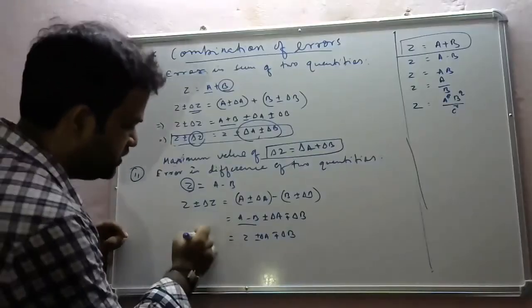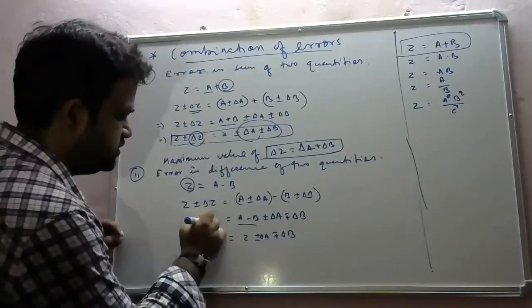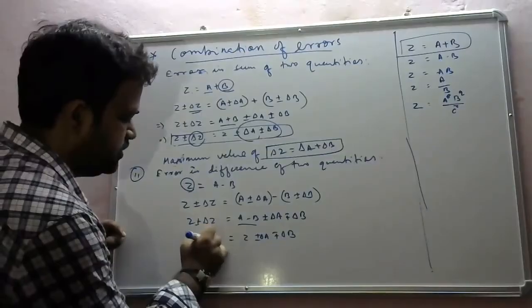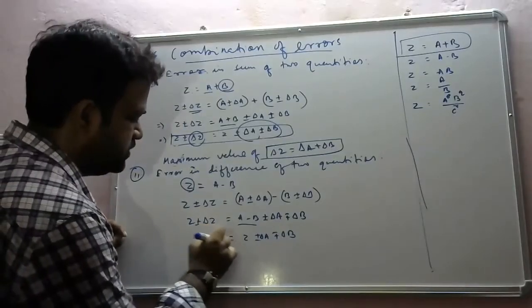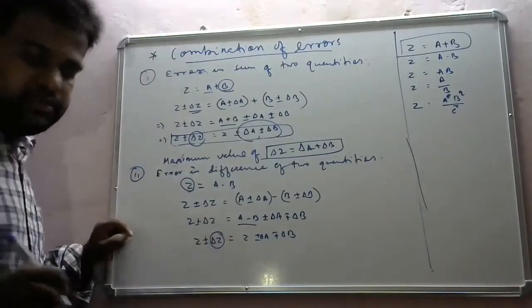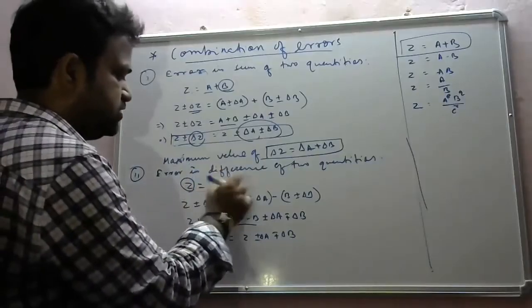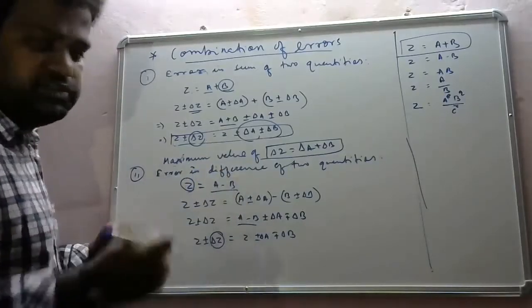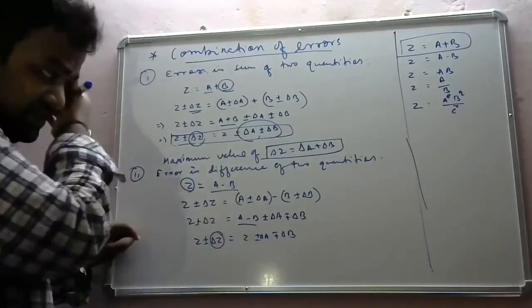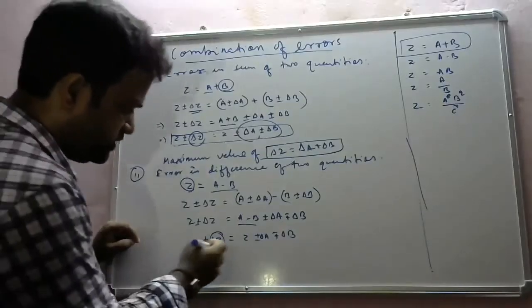Now this is your Z plus minus delta Z. So what is delta Z? For subtraction also, or difference of two quantities also, we will get the same thing. How? You can see.